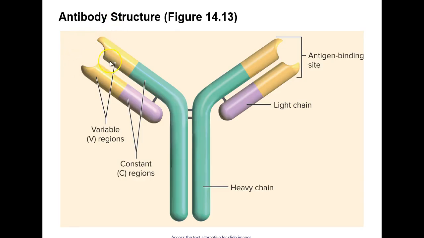Each variable region will look different for every single antibody that our plasma B cells make, because each antibody will need to be able to bind to different types of antigens, right? Whether it be an antigen from a Streptococcus bacteria or Staphylococcus bacteria, those may have different markers on them, different structures, and so those variable regions will need to be differently shaped in order to be able to bind to those antigens correctly.